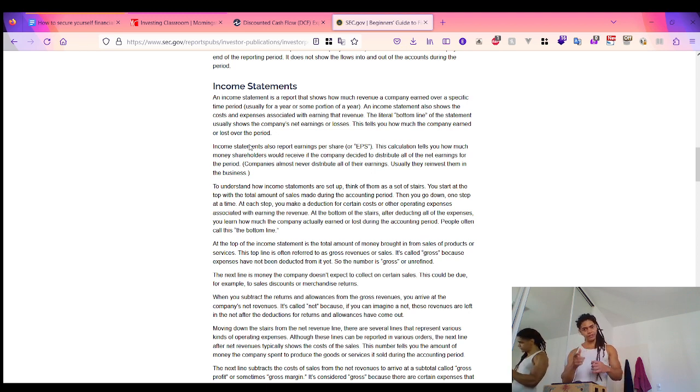It also shows the EPS, earnings per share, a calculation of how much money shareholders would receive if the company distributes all of its net earnings to shareholders in that period.